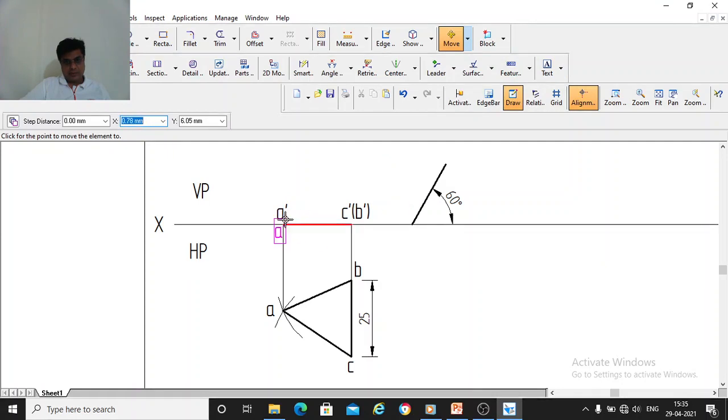So this point A is here, A dash in the second stage. Now this is the front view, so this point will be A dash. This point is on the HP, whereas this edge will move up at 60 degrees. So this point is now B dash C dash. This corner is on HP. I'll move this and write this point as B dash C dash.